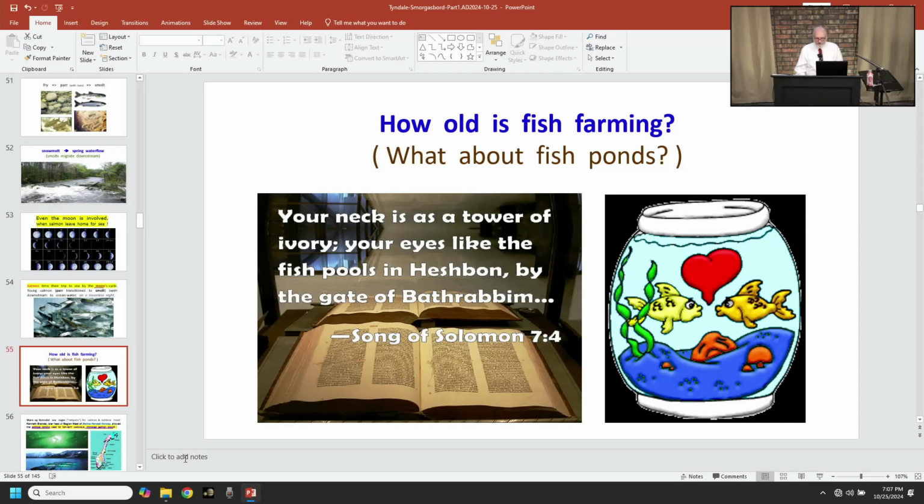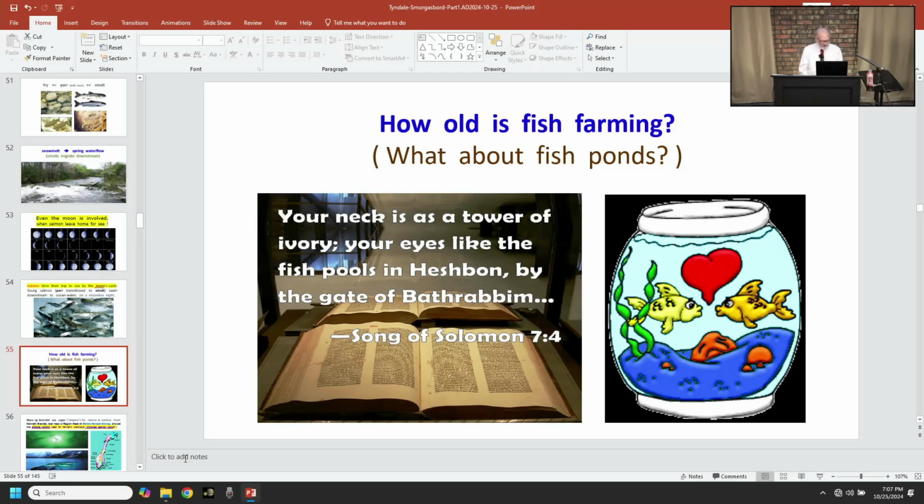The Bible talks about fish a lot. In fact, the Bible even talks about fish in a way that touches on romance. Okay, maybe you didn't think of this, but in the Song of Solomon, chapter 7, verse 4, Solomon is talking to his sweetheart, and he says, "Your neck is as a tower of ivory, your eyes like the fish pools in Heshbon by the gate of Bathrabbim."